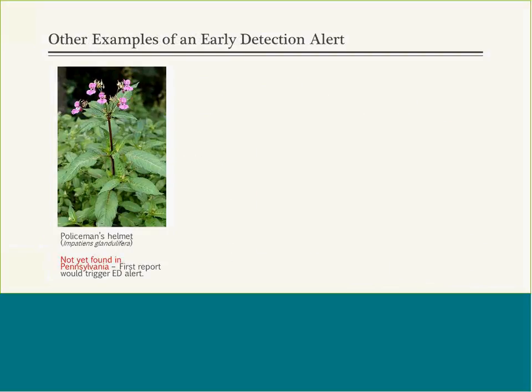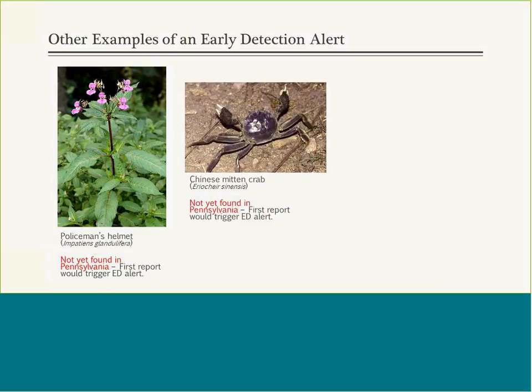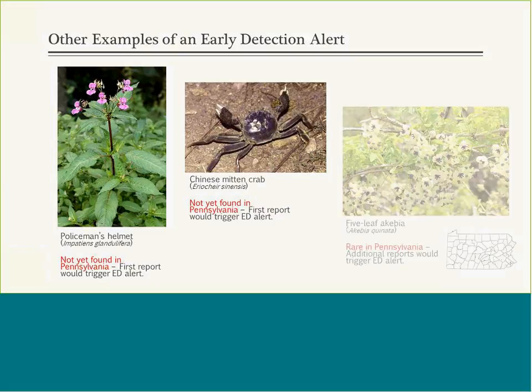Examples of an early detection alert would be something like this plant, policeman's helmet. It's one that we don't have in Pennsylvania yet, so the first report of someone finding it in Pennsylvania would trigger an early detection alert if you had that specific one set up. Chinese mitten crab is another species that we do not have in Pennsylvania, so the first report of someone finding it would trigger an early detection alert.